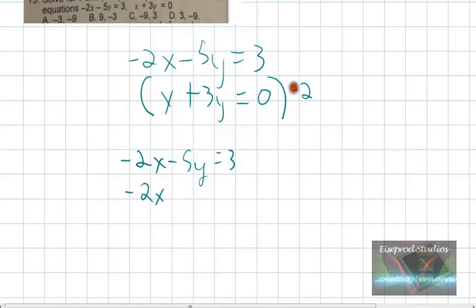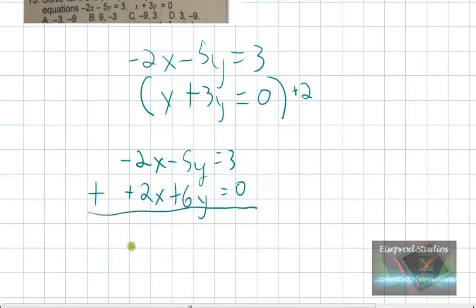Actually, I'm going to make this a positive 2. That'll make our math a little better. So then we're going to have 2 times 3 is positive 6y is equal to, well, 2 times 0 is just 0. So now I'm going to add these two.